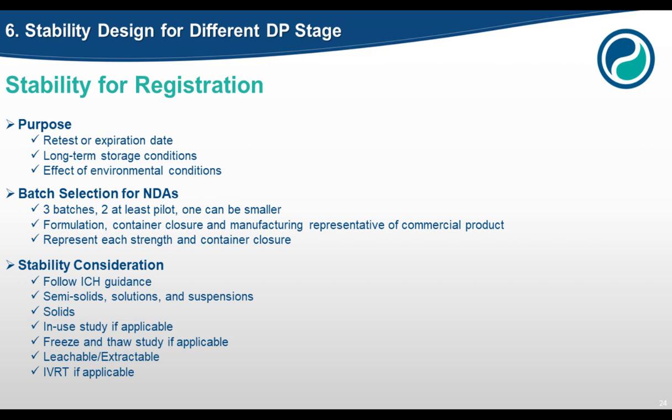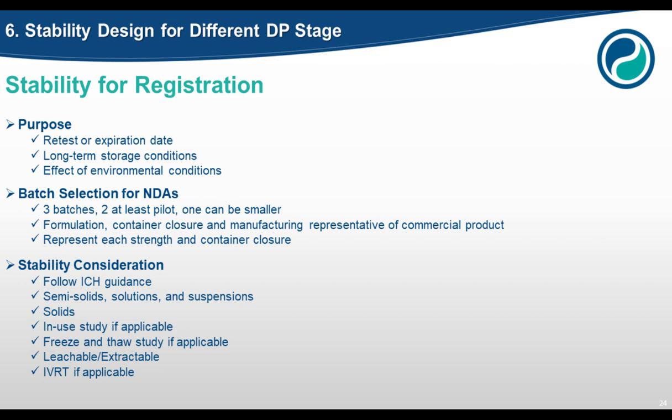Stability study for registration: the purpose is to understand the retest and expiration date of the drug product itself, and also find out the long-term storage condition, and also what is the impact of environmental conditions such as heat and humidity on the drug product itself. ICH guidelines are very clear about batch selections.